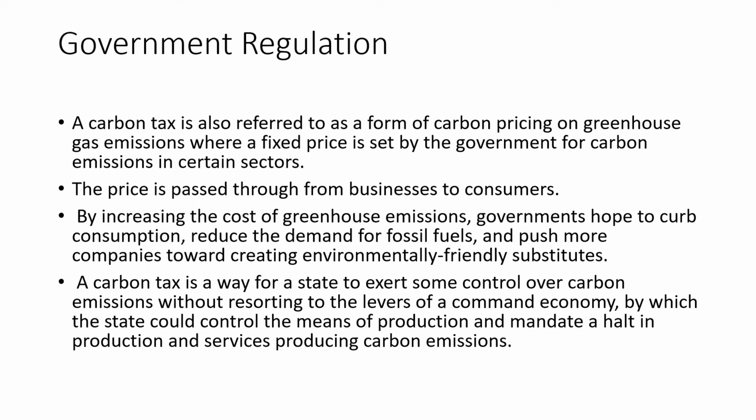So if a particular company is producing a product, and as a result of the production it is emitting certain greenhouse gases, the government is imposing a tax upon this company, which would increase the price of the product of this particular company. Ultimately, the price is borne by who? The consumers. The consumers need to purchase this particular product for a higher price.